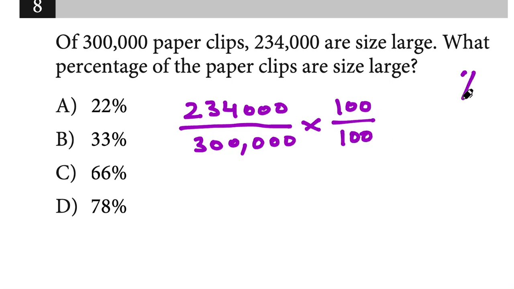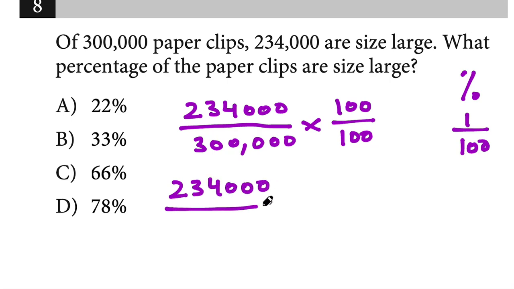Now if you want to write percentage as a fraction, that is 1 over 100, right? So this denominator 100 will be used as percentage. So that will be 234,000 over 300,000 into 100, and this 1 upon 100 is used as percentage.